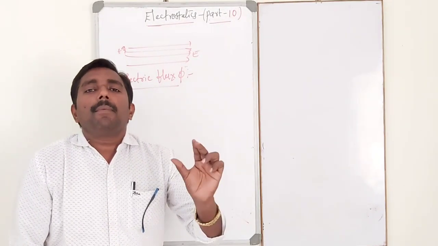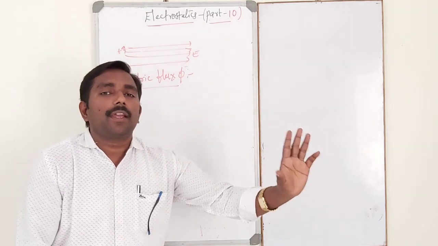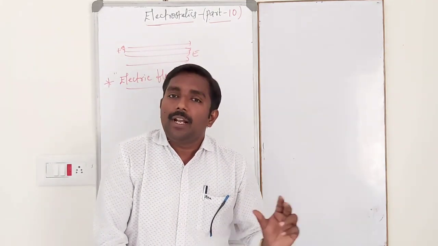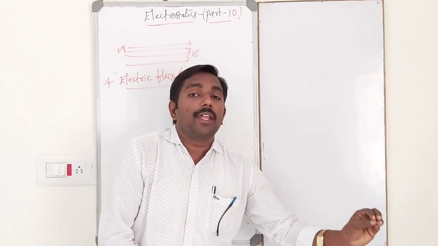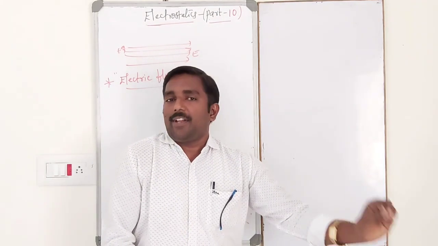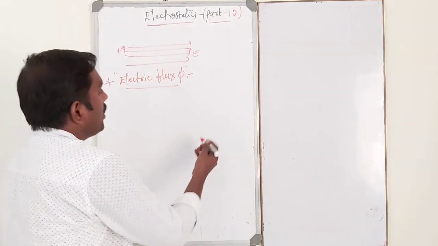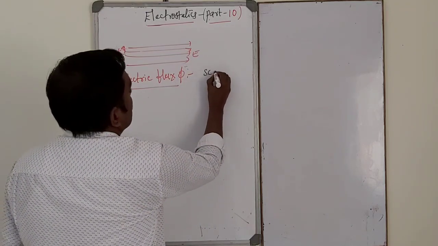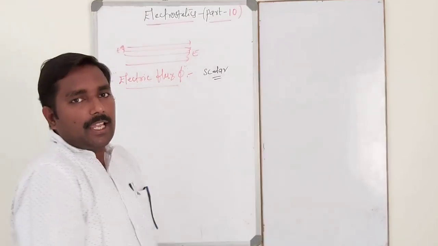Simply, the number of field lines passing normal to the given area is called electric flux. Electric flux is a scalar quantity. It is a which quantity? Scalar quantity. Electric flux is a scalar quantity.